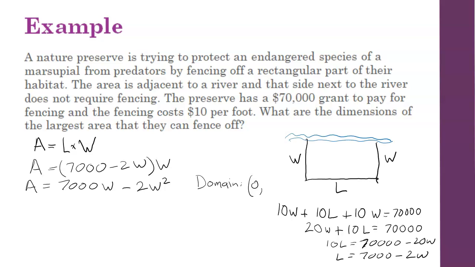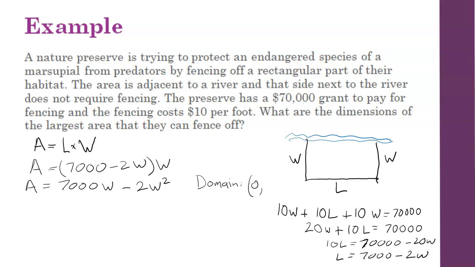So I'm going to go back down here and look at the expression that I had. The length is 7,000 minus 2w. And you should notice from there that if my w gets too big, my length is going to turn out to be negative. So in this case, the biggest w I can have is 3,500 feet. Otherwise, 7,000 minus 2 times w would become negative.